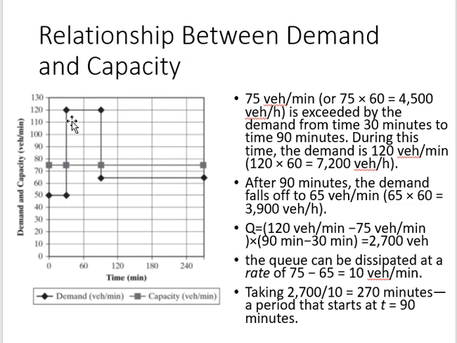Demand is increasing. Demand more than capacity. What started from this point? The queue started. Next value I took was 90. Why? The end of demand more than capacity.